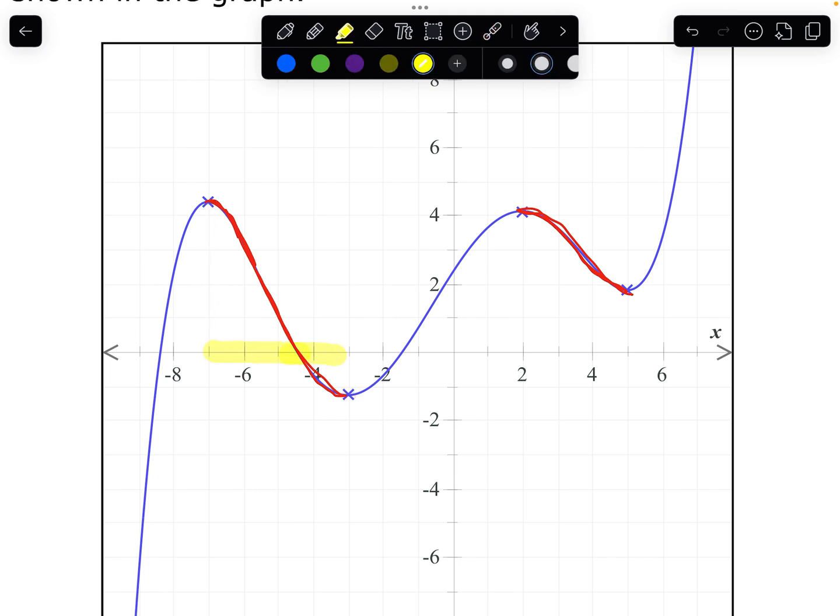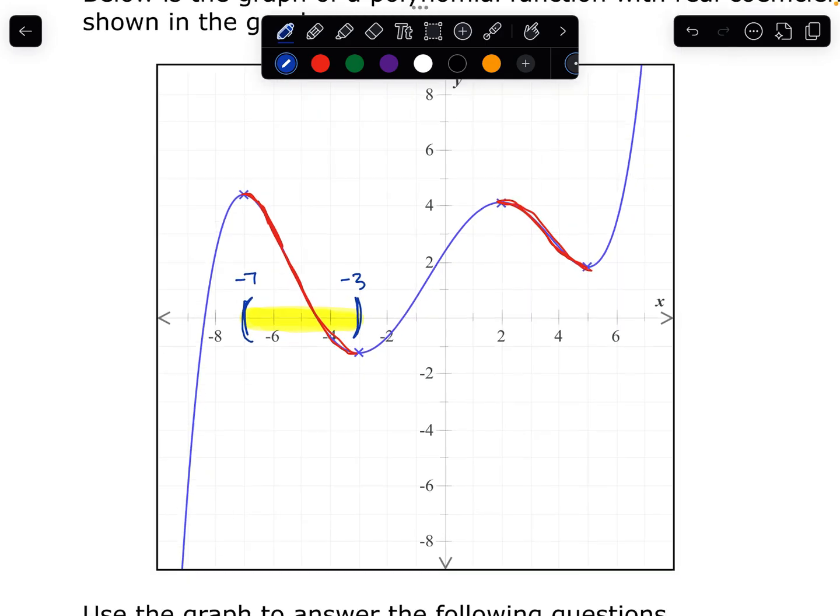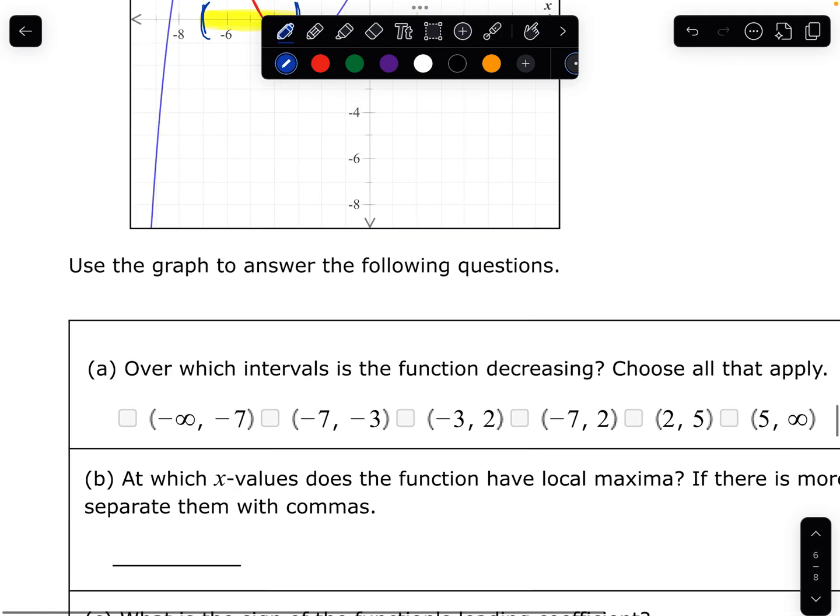So shading kind of helps me get these down a little bit. So this right here is the interval. So what is this interval right here? It's between -7 and this right here is -3. So this is the interval where it's decreasing. So I would check mark that one right there.